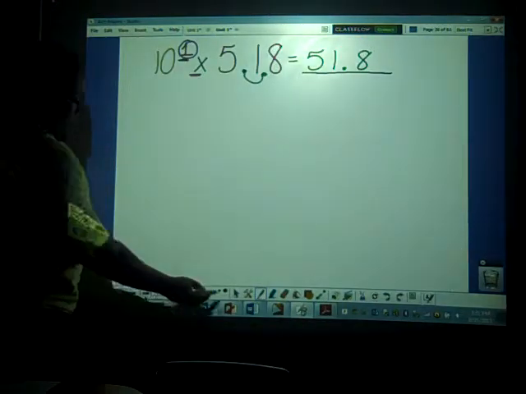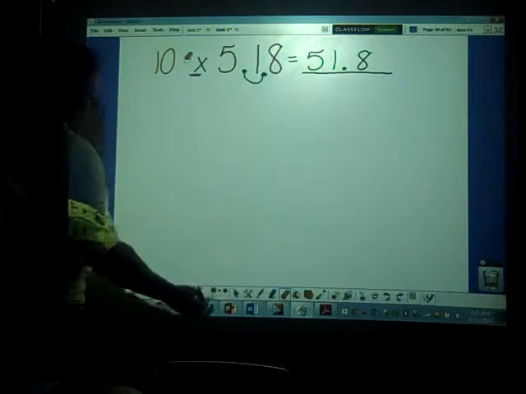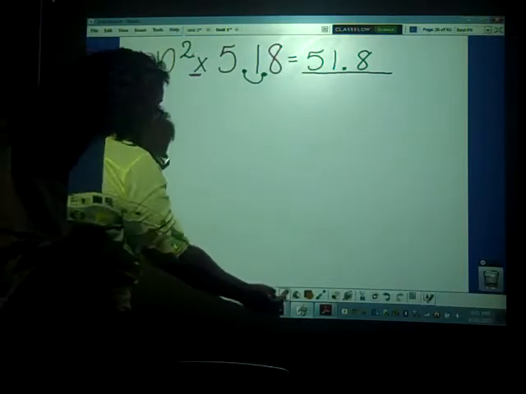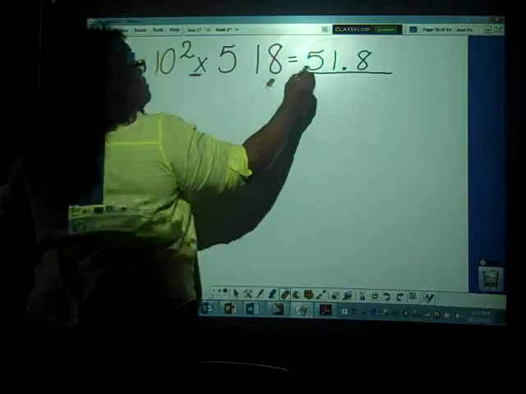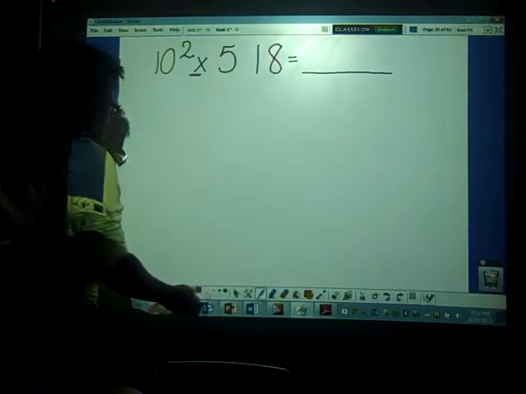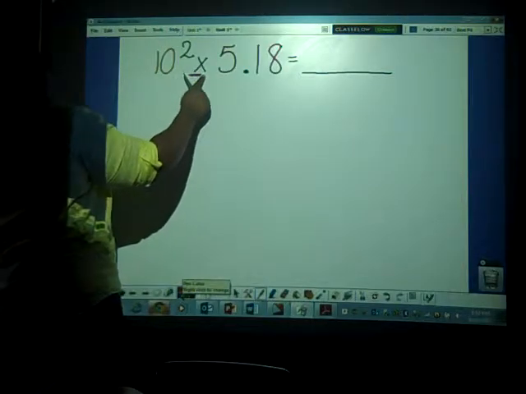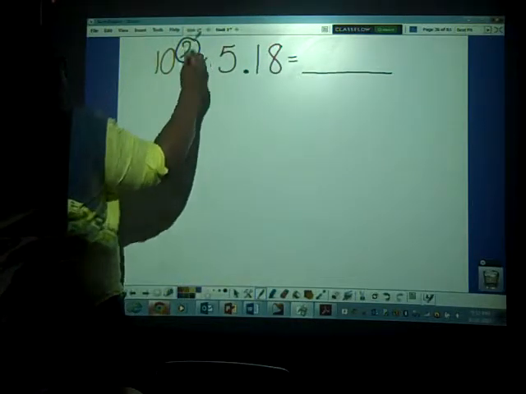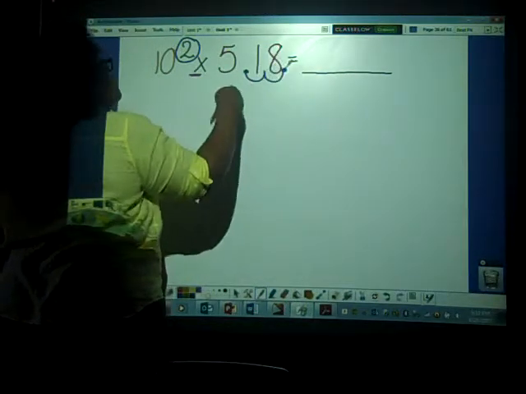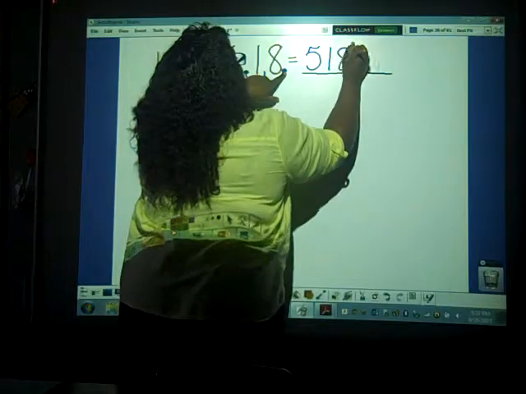So 10 to the second power, let's change this exponent up here to a 2, and then we're multiplying, so we're increasing. Our exponent says 2 now, so I would have moved my decimal point 1, 2 places to the right. So now it's my new decimal point, 518.